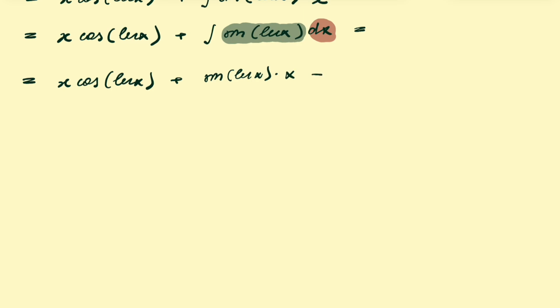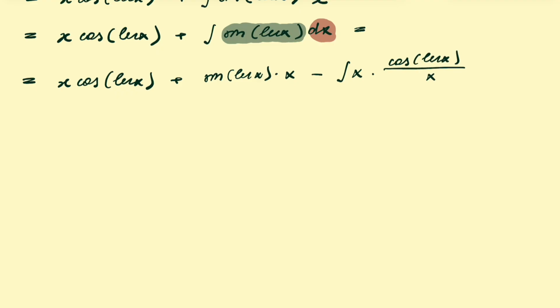Then we subtract an integral of the thing that we found, the antiderivative, times the derivative of this function, sine of ln of x. And the derivative of this function is what? It's cosine of ln of x over x.